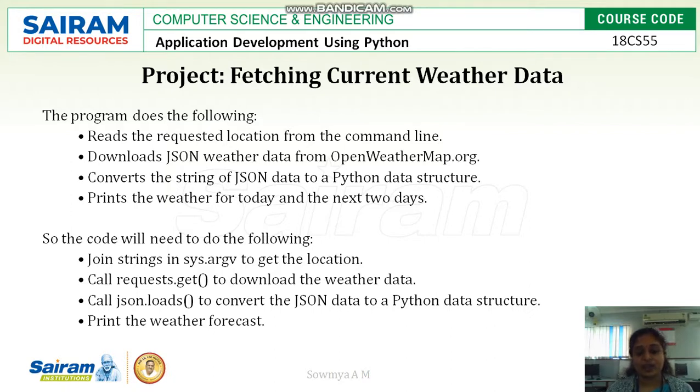To do that, first we join the strings in sys.argv to get the location, call the requests.get method for downloading the weather data, use json.loads to convert the JSON data to a Python data structure, and print the weather forecast.